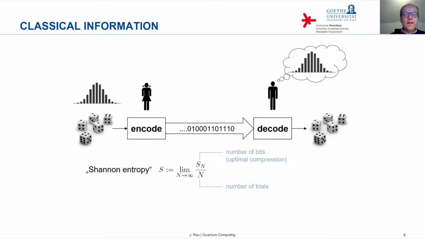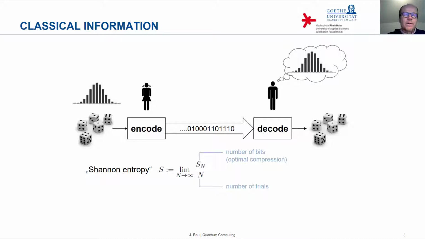And then she rolls the next die, sees 3 spots, encodes that, sends it to Bob, and so on. That's not necessarily optimal. It may be better for Alice to roll 10 times, 20 times, first collect all the outcomes, and then encode the totality of all the outcomes and send this to Bob.